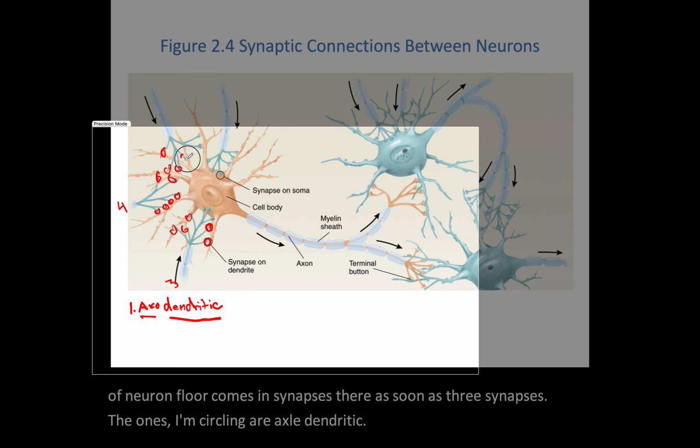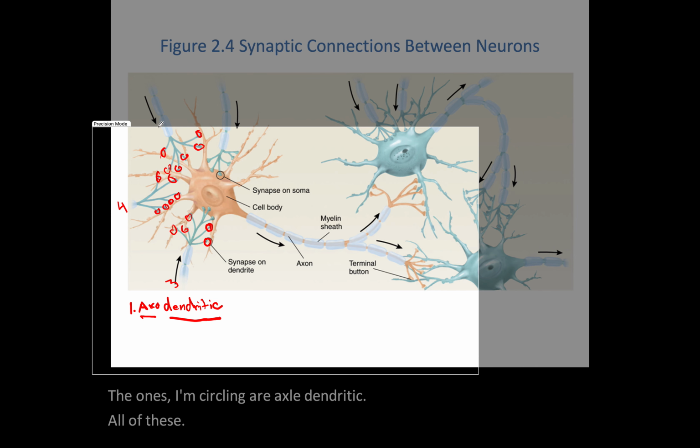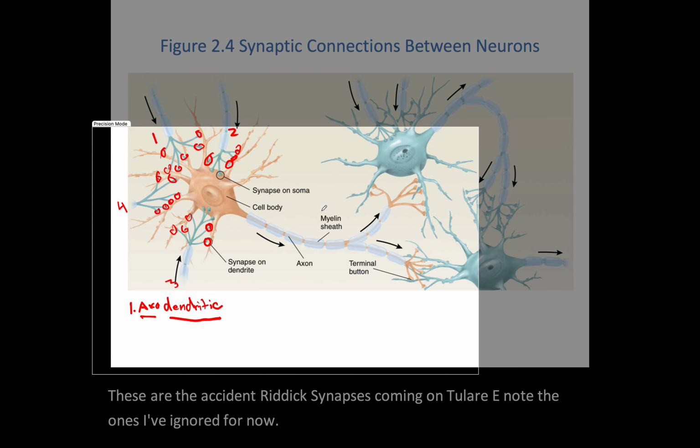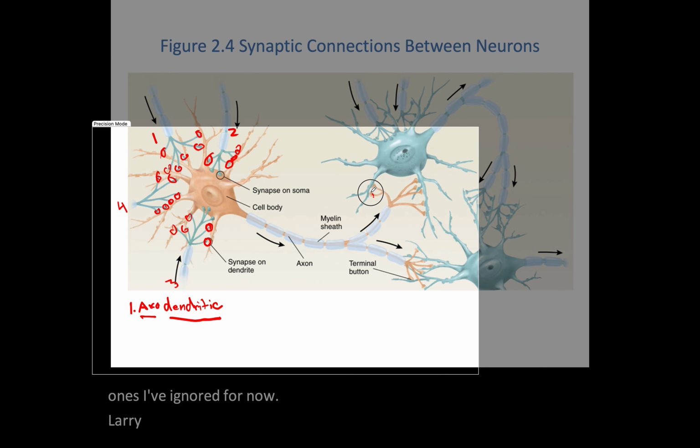All of these. From neuron 1, neuron 2 was here. These are the axodendritic synapses coming on to Larry. Note the ones I've ignored for now. Larry himself sends axodendritic synapses to Mo and Curly.